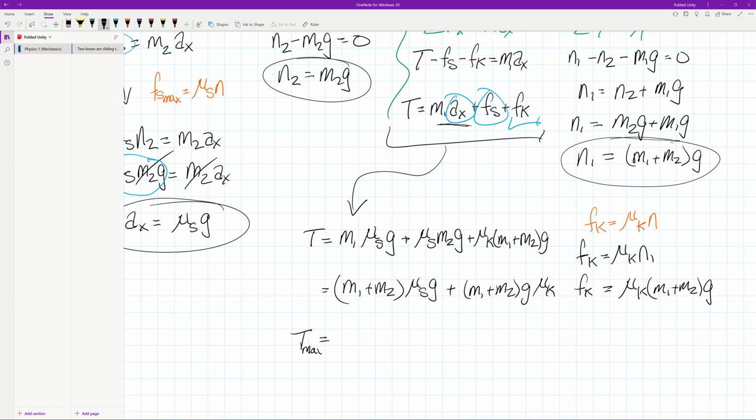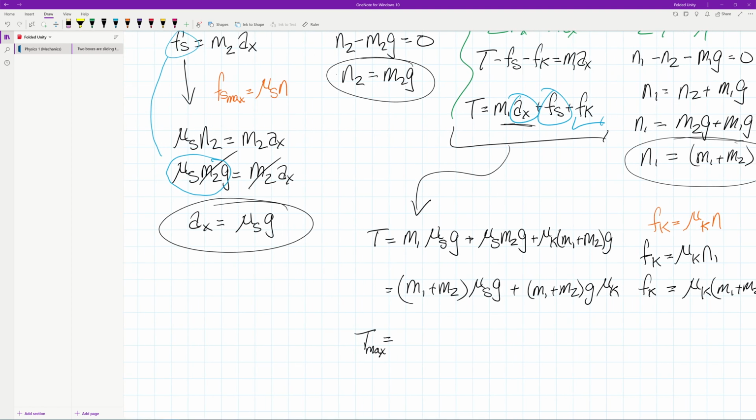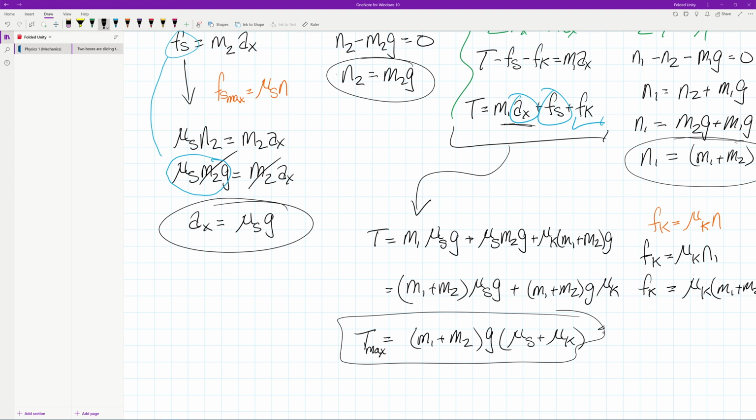I'll call it the tension maximum here, since that was what we just found. T max equals m1 plus m2 times g times mu s plus mu k. All right, that is our final symbolic answer.